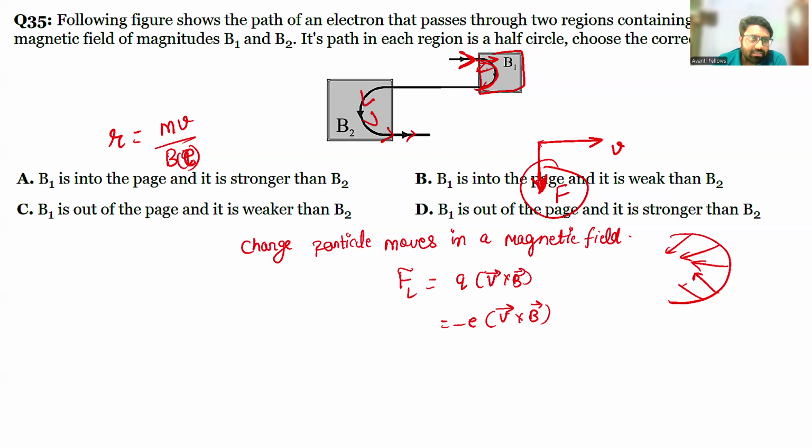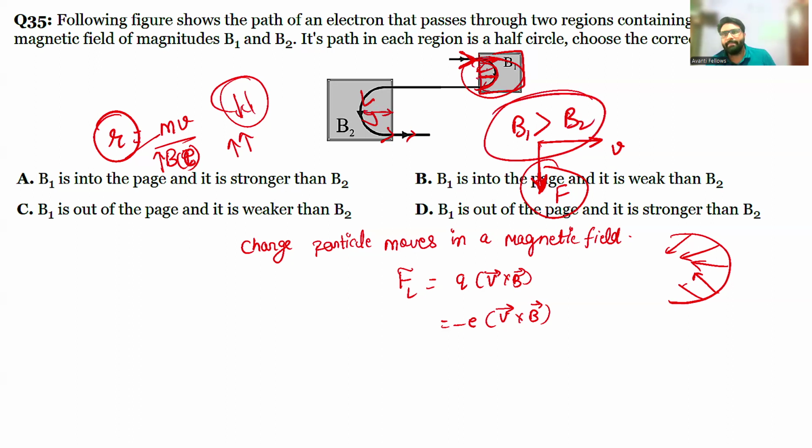Clear? But the R here depends on the magnitude of B, which means the more the magnitude of B, the lesser the radius. You can see in this question, in B1, the circle is less wide than the circle of B2, which means that B1 has greater magnitude than B2. Okay? Clear?